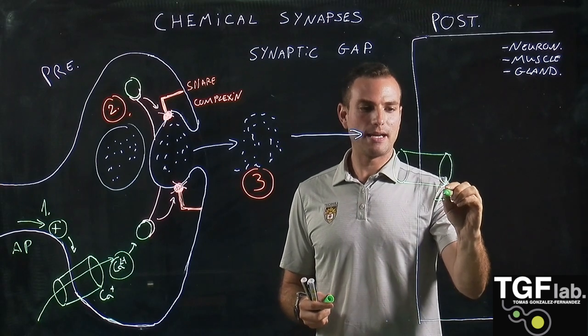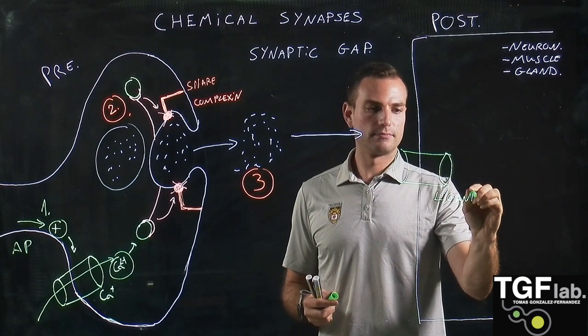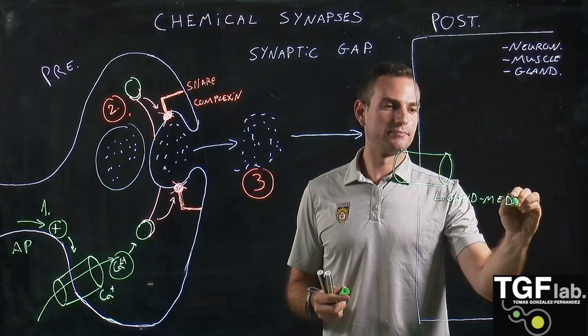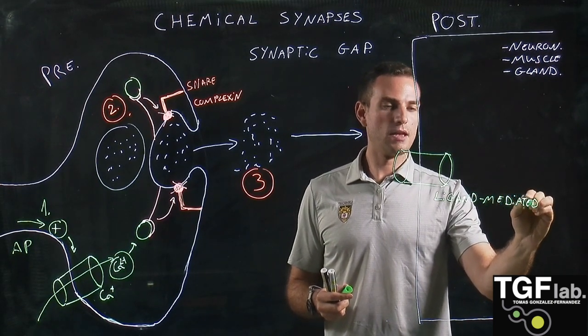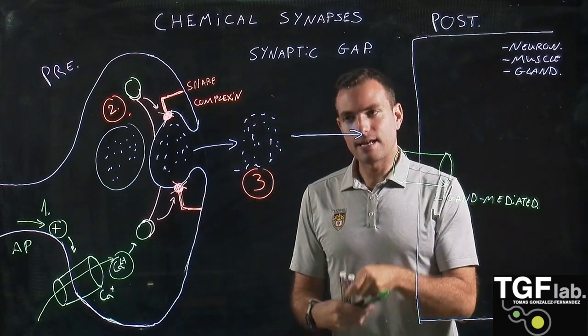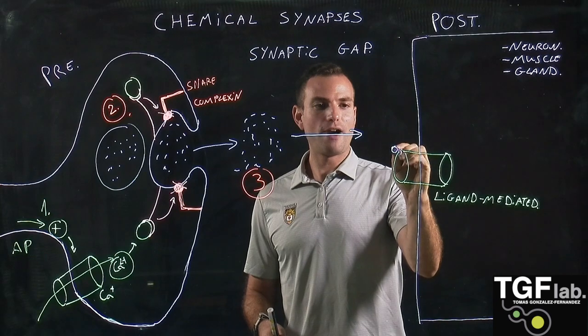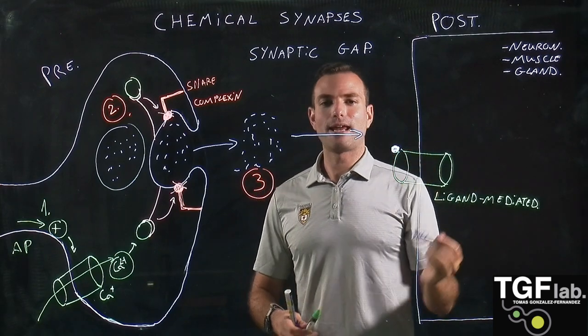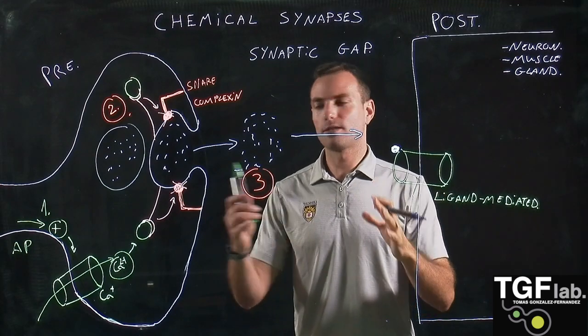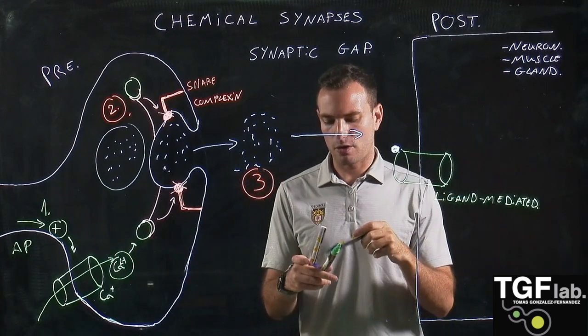So these are ligand-mediated or ligand-gated channels, right? These neurotransmitters are going to arrive, they are going to bind, and then they are going to activate this ion channel, for sodium, potassium, or chloride, as we have seen.